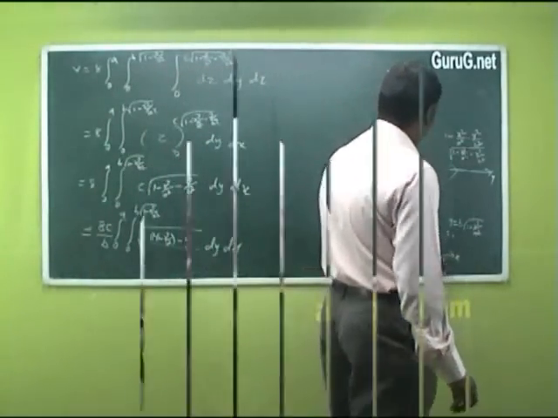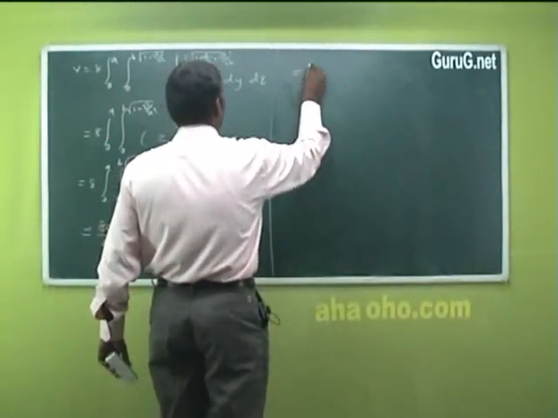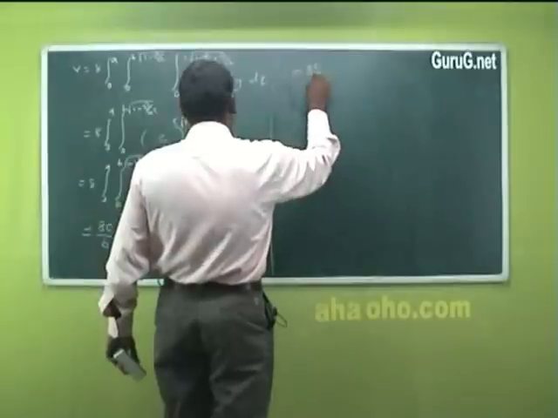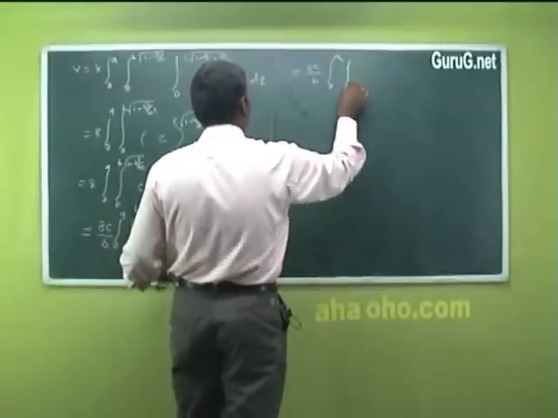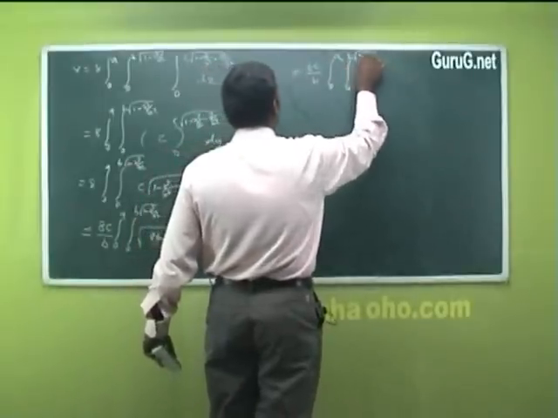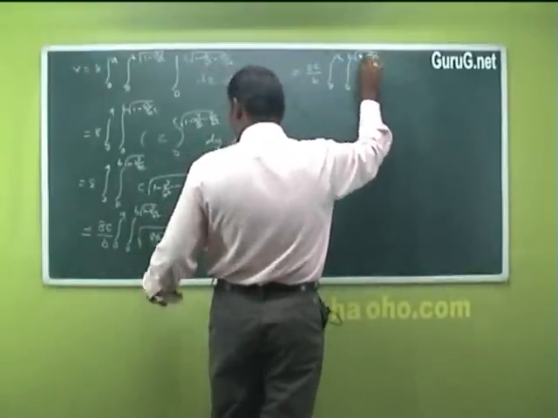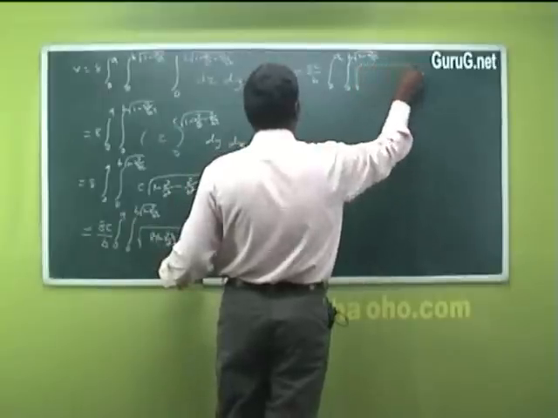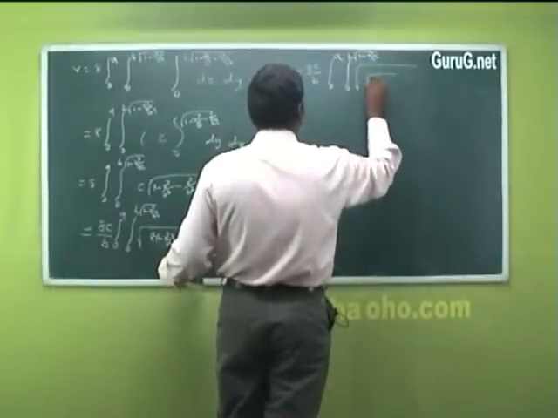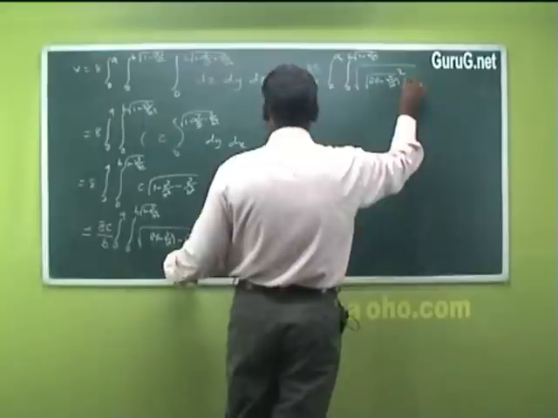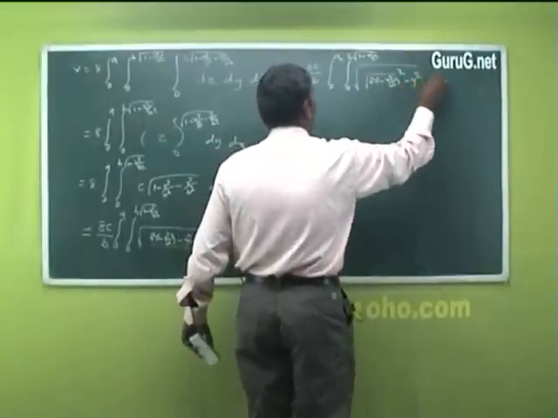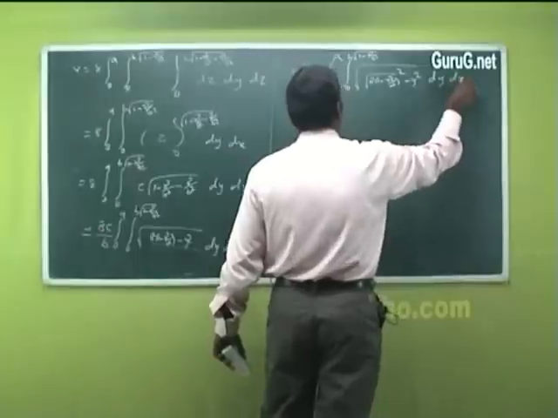We use the formula. So 8c by b, integral 0 to a. I can write this as 0 to b into root of 1 minus x squared by a squared, so this can be written as root of b squared into 1 minus x squared by a squared, the whole squared, minus y squared, dy dx.